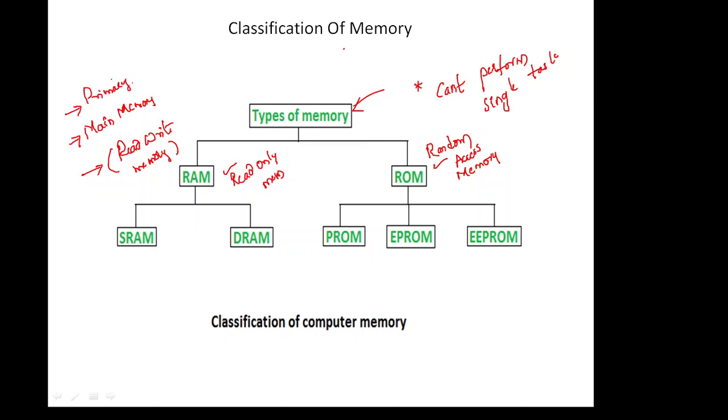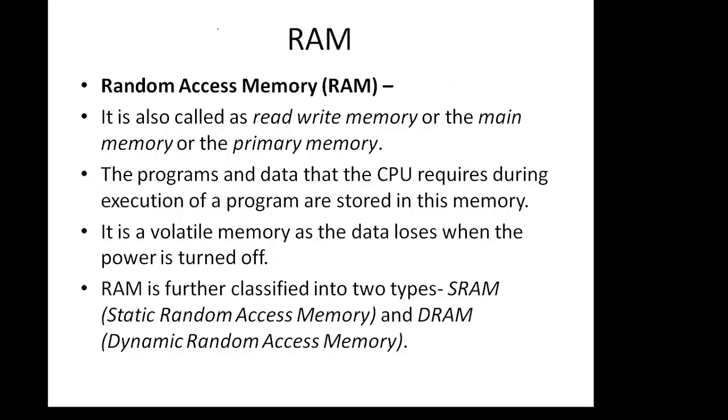There are different names for RAM. The different names for RAM are: the first one is read write memory, we can also call it a main memory, and we can also call it the primary memory. These are the different names given for RAM. So first we will study RAM.